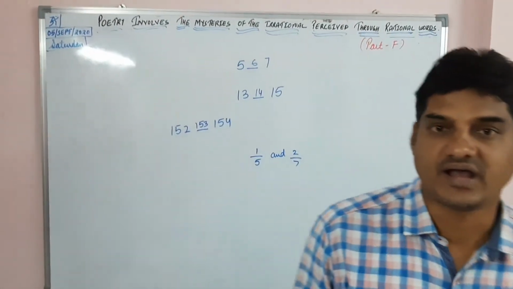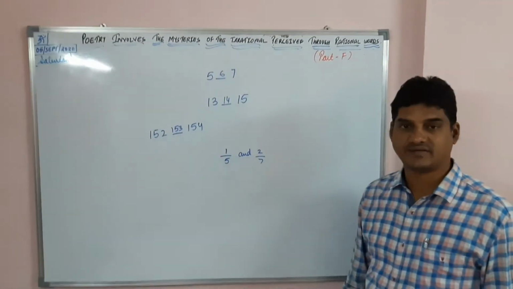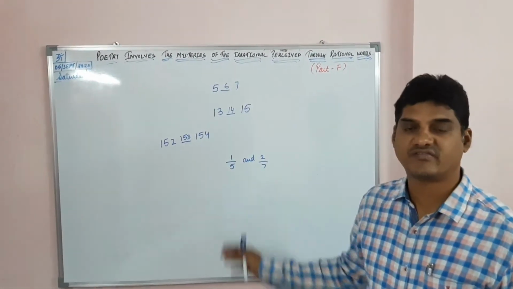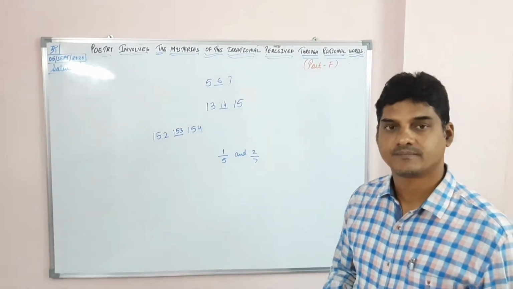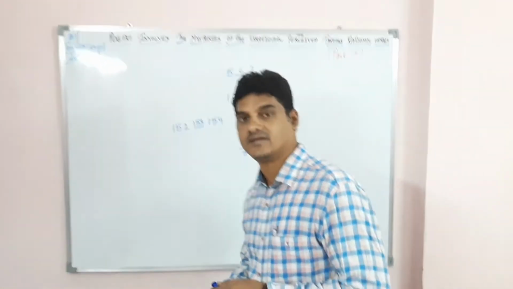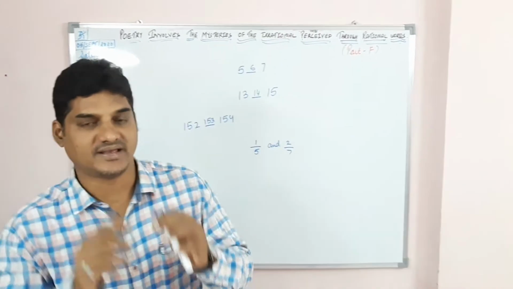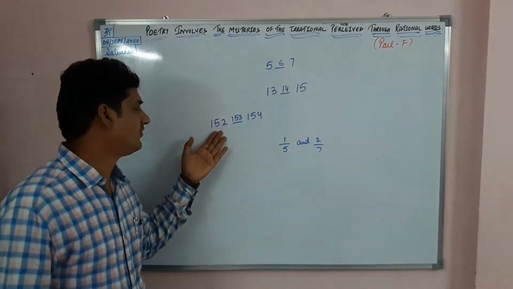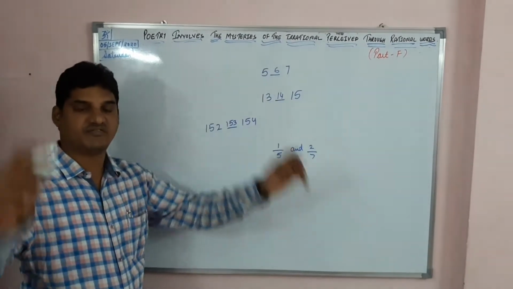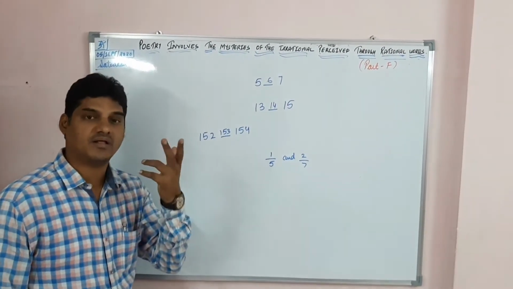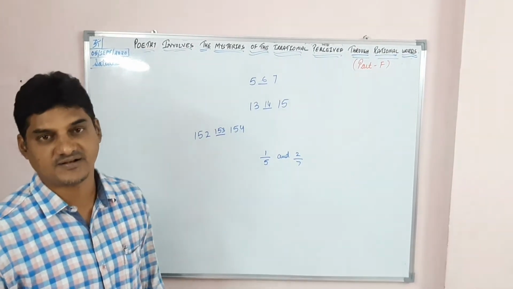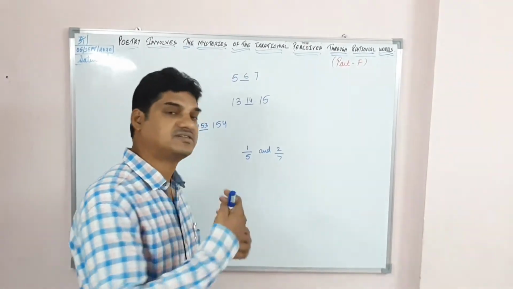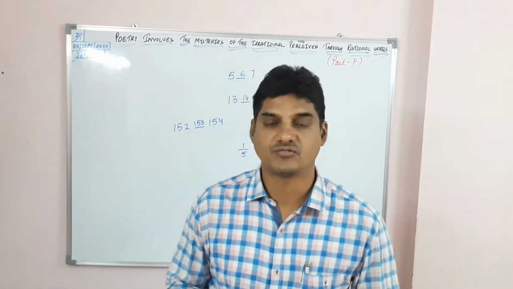Tell me one rational number which comes in between 1 by 5 and 2 by 7. It will take time, you are thinking. Earlier, between 13 and 15, 14. Between 152 and 154, 153. Now, with the same speed, can you answer? No. So after some time, you can answer, dear students.